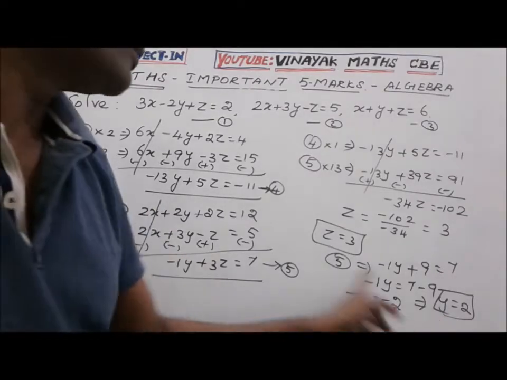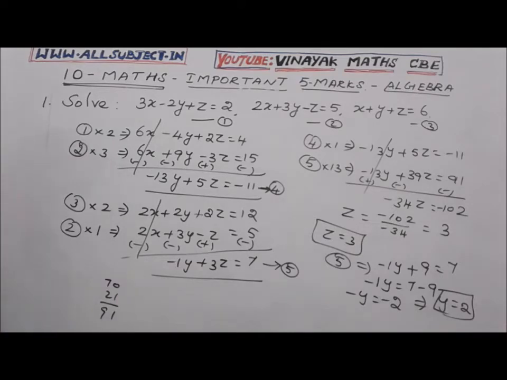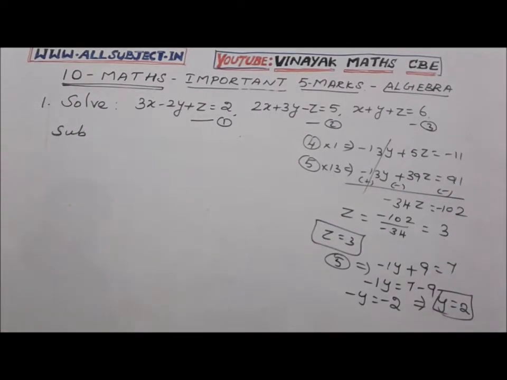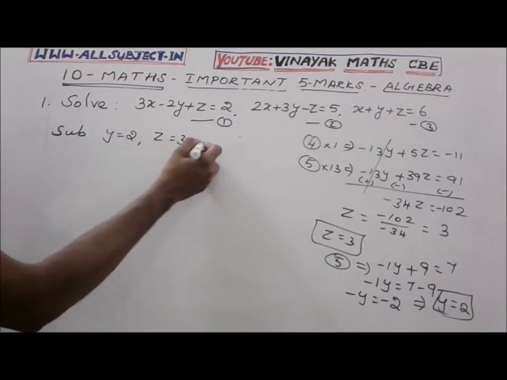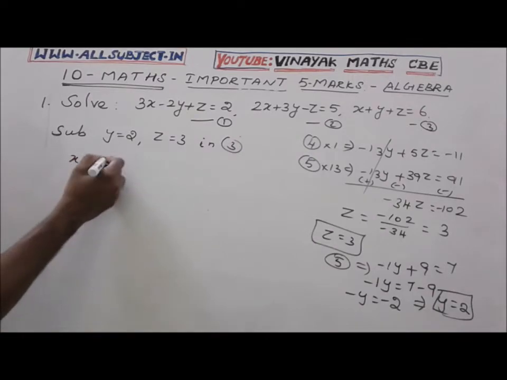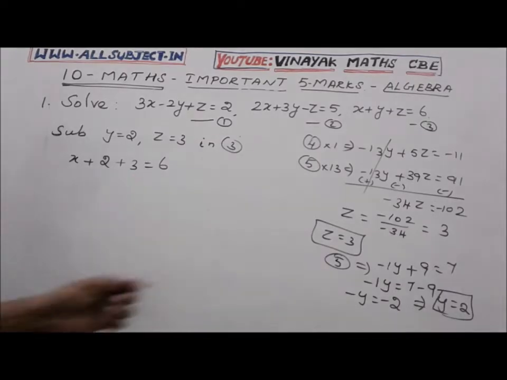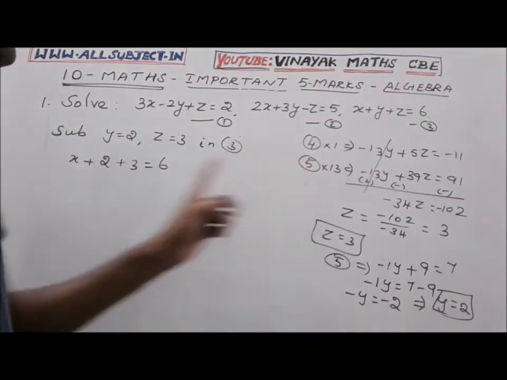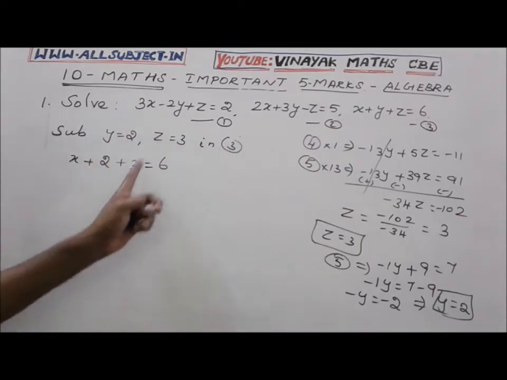Now substituting y equal to 2 and z equal to 3 in any one of the first three equations, I am choosing the third equation because it is easy to calculate. We get x plus y, which is 2, plus z, which is 3, equal to 6.